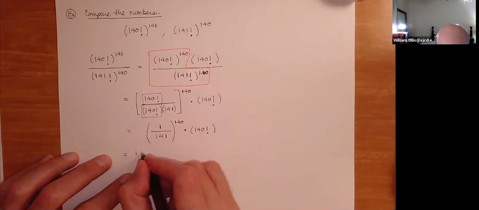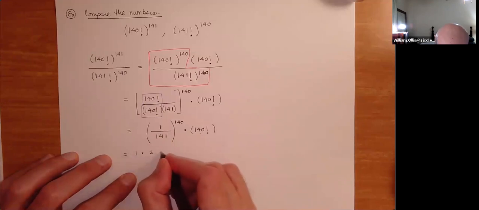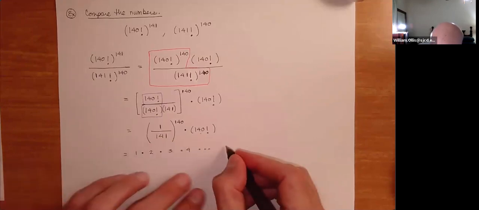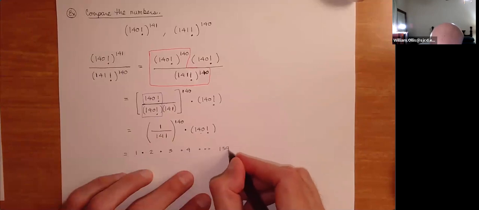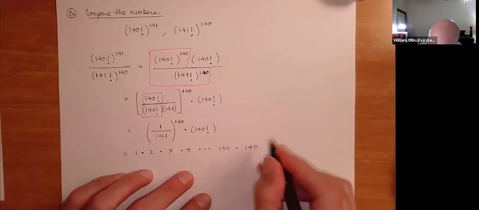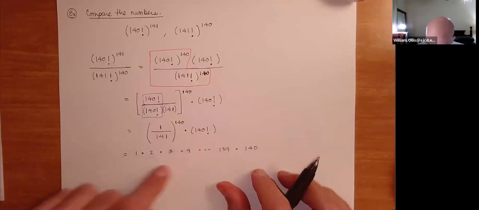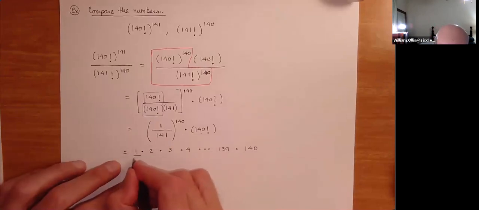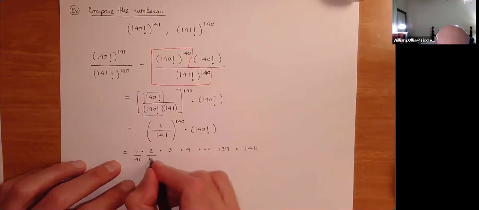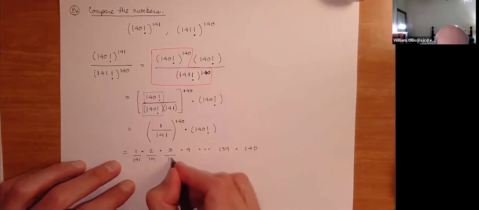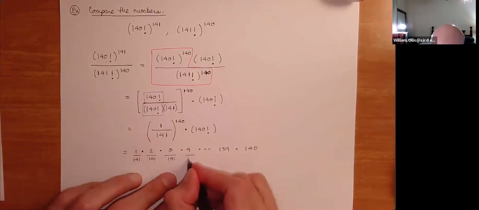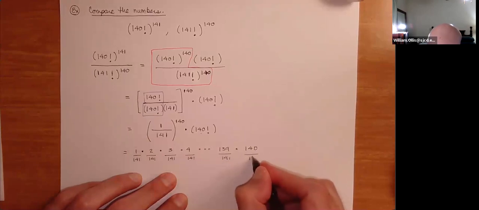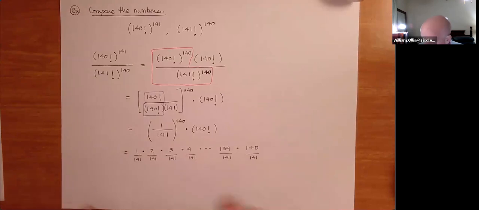You can do 1 times 2 times 3 times 4, and then dot, dot, dot, 139 times 140. That's what 140 factorial looks like. And then you can pair it off downstairs with a 141. And there are 140 of those. And every one of these numbers is less than 1.